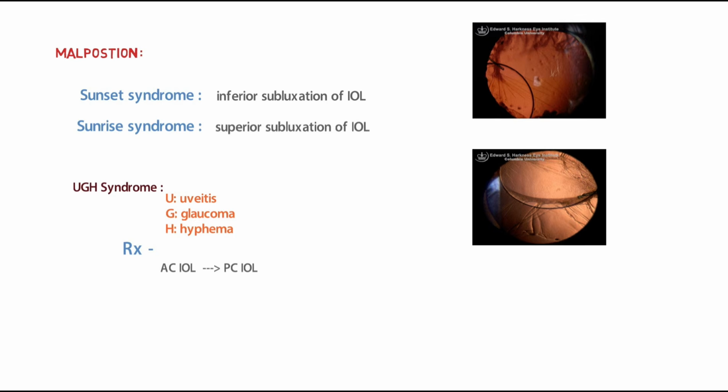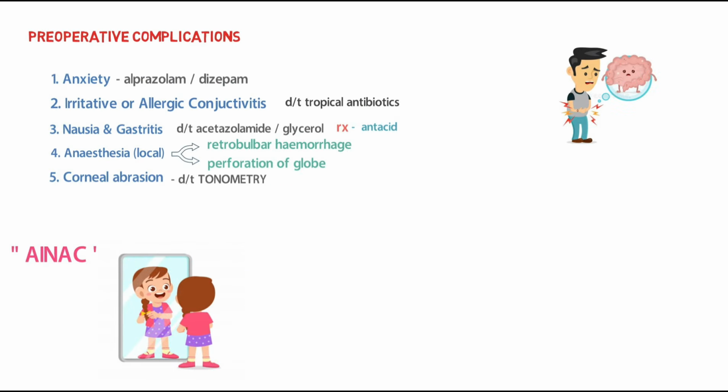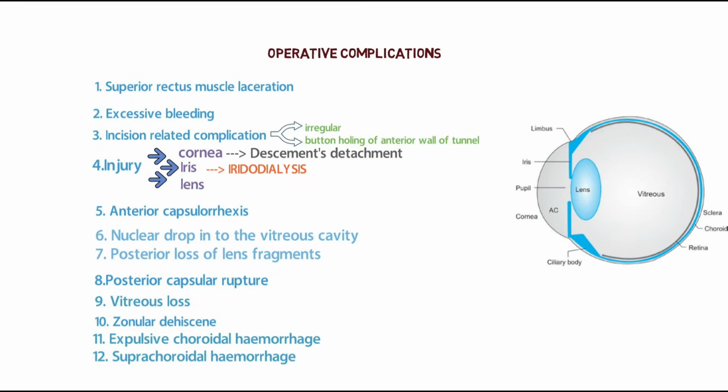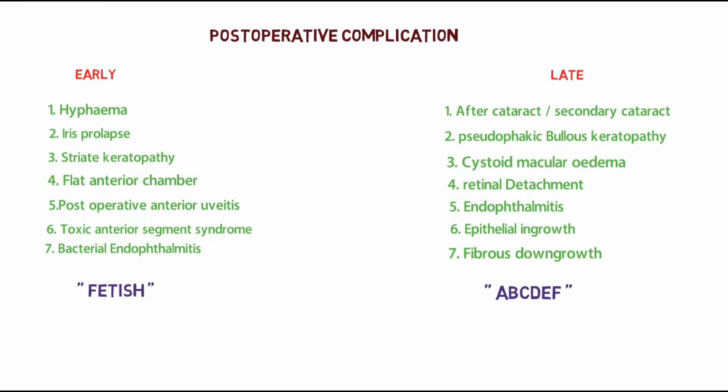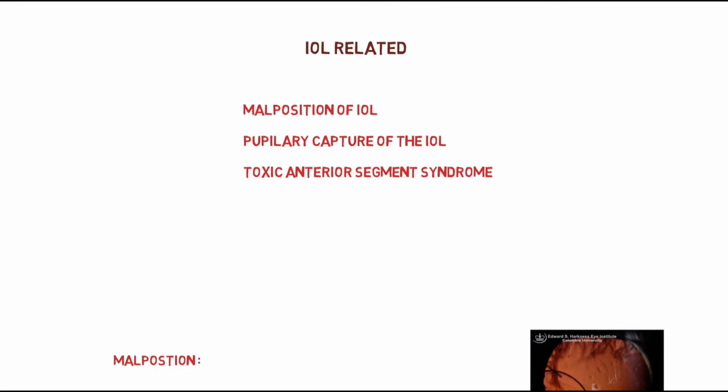Okay, so this is all about the complications of cataract surgery, in which we first discussed pre-operative complications. After that, we discussed operative complications, there are 12 points. And then we discussed post-operative complications, early and late, and we have the simple mnemonics FETIS and ABCDEF. Both have 7 points.